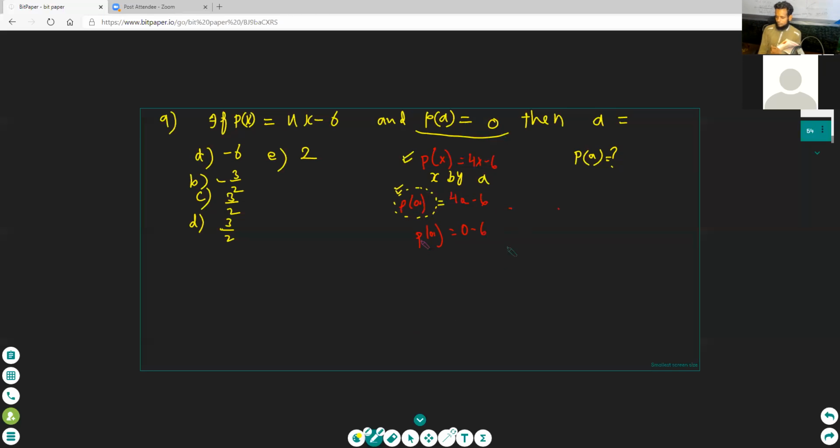Then you are again doing a mistake. Wait. Understand it. Put the value in one side. What is the value of this? Put here 0 only. Clear? I say first find the P of A and then put the value and then solve the equation. You can get the A value.